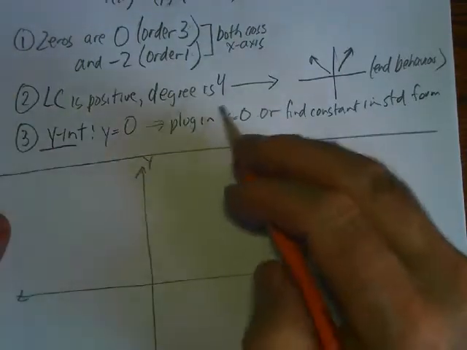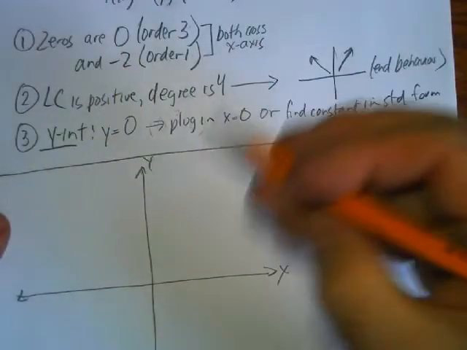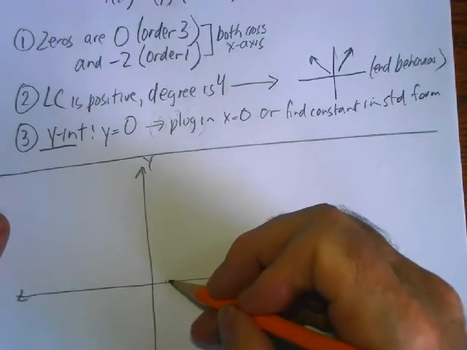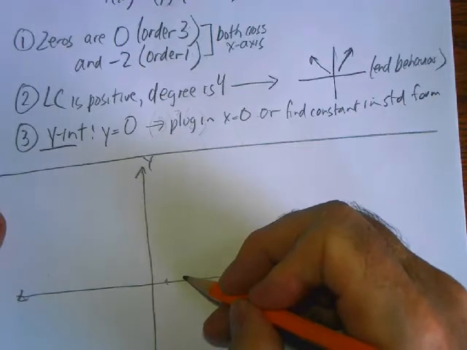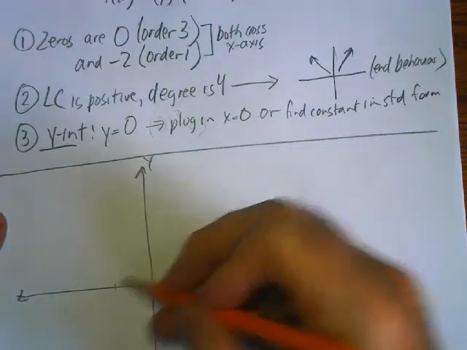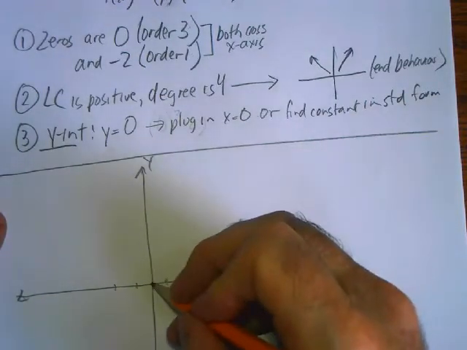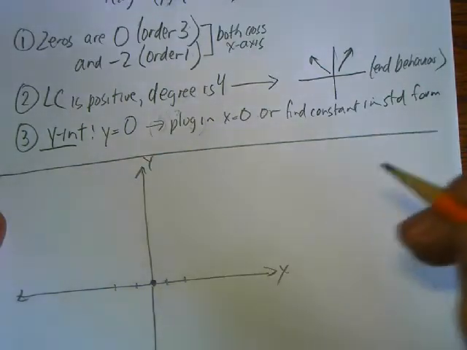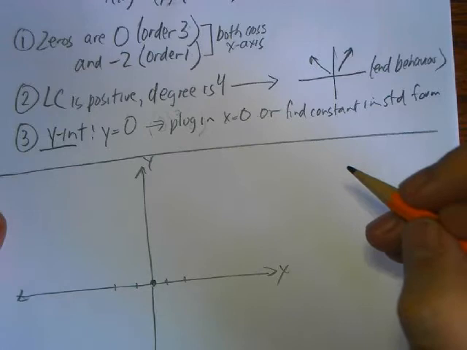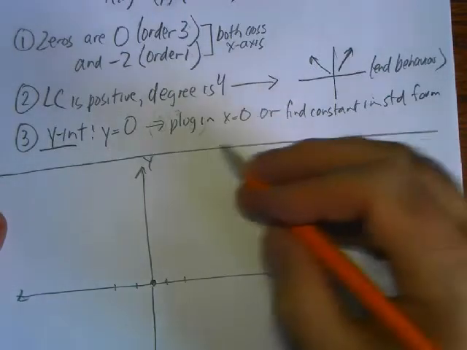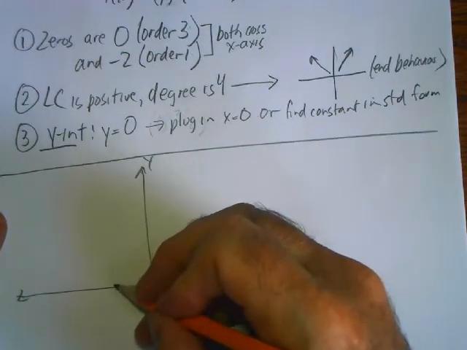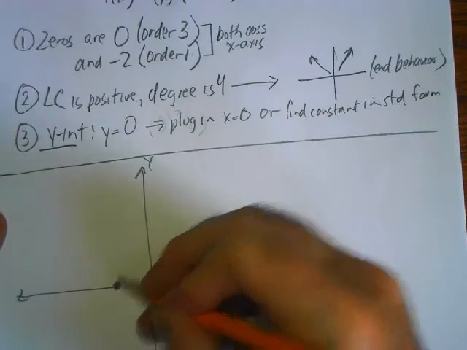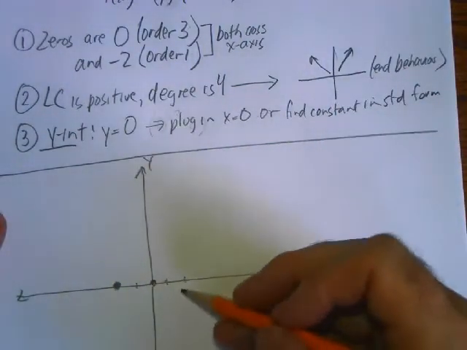All right, first things we do are the zeros. So let's put a bit of a scale here. Okay, so we have a 0 at 0, and a 0 at -2. And we know from the order that they both cross.